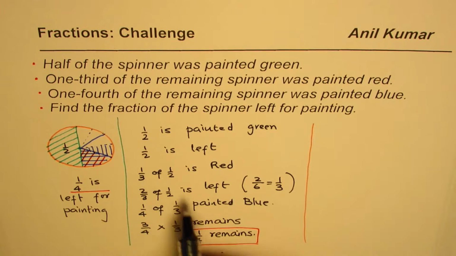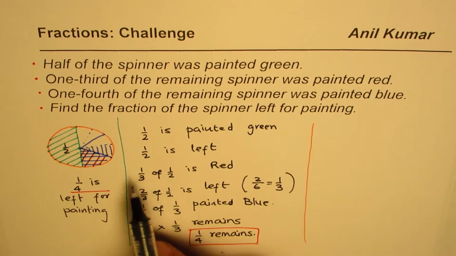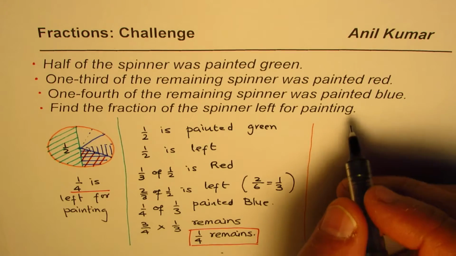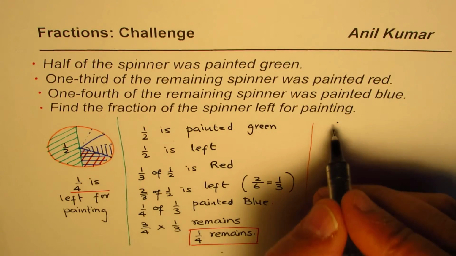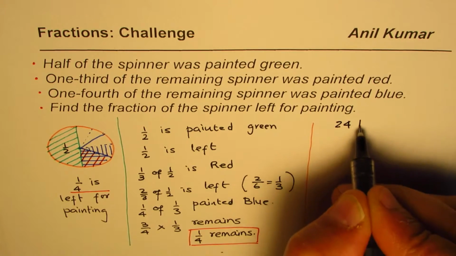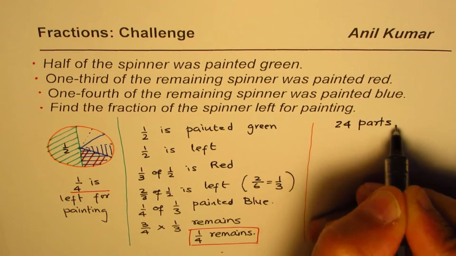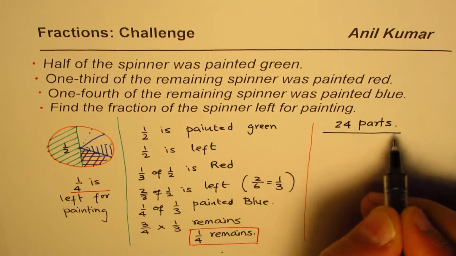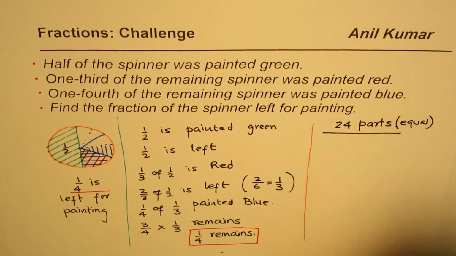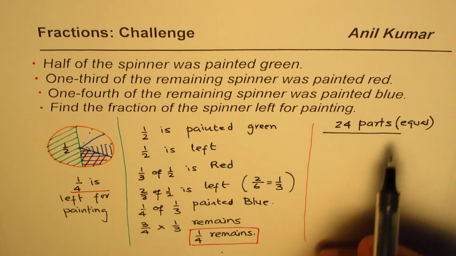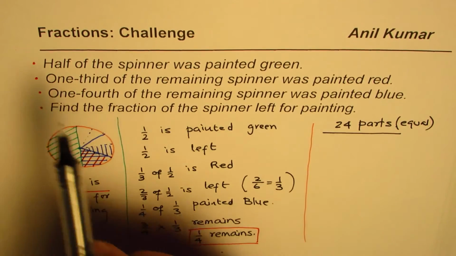So I will take a number which is a multiple of all these numbers. So we can start by dividing the whole spinner into 24 parts. So let's say we have a spinner with 24 equal parts. And then let's start working with it.